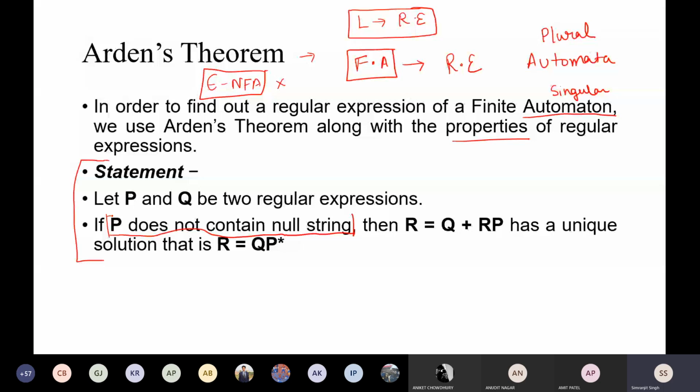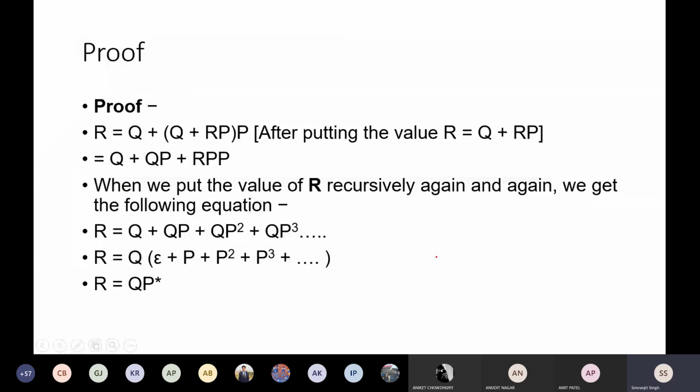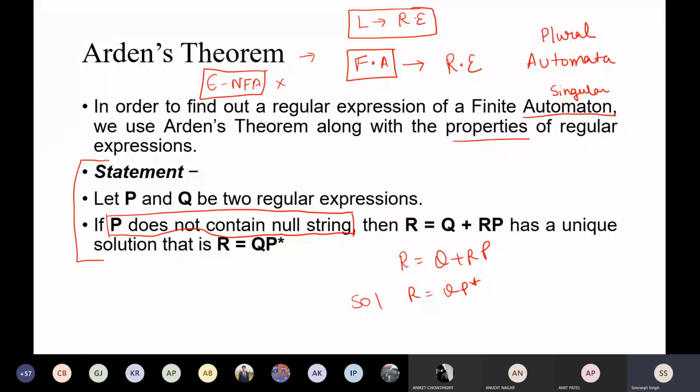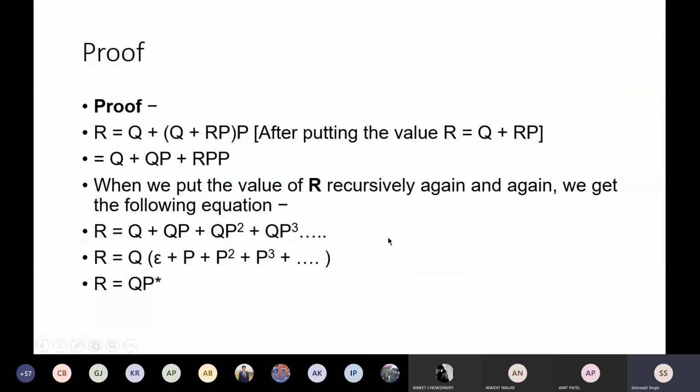Then it can be represented like this: R equals Q plus RP, and you can solve this to get the solution R equals QP star. Okay. It seems a little bit difficult at first try. I will tell you how. The proof shows how R equals QP star is written like this. I will just show you this text. So wait for a minute.